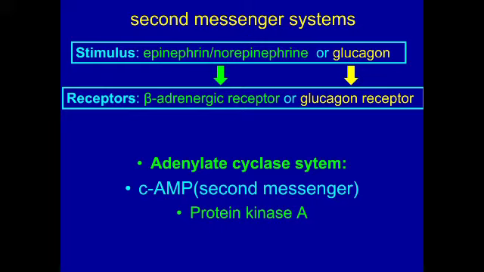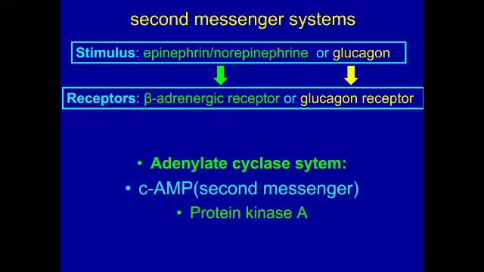Okay? So think of these two, the glucagon receptor and the beta-adrenergic receptor, as cousins, if you want. However, each one needs a different stimulus. Glucagon receptor needs a peptide. Beta-adrenergic receptor needs epinephrine or norepinephrine, the hormone.